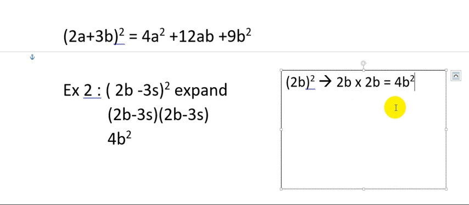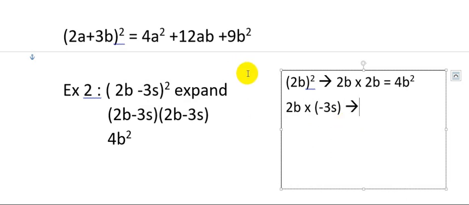Now we are going to write the second term or the middle term. As I mentioned earlier, we take the product of the two terms given. In this scenario it's 2b multiplied by minus 3s. We have to consider the symbol as well. In this example, 3s comes with the operator minus, so we consider the minus symbol, otherwise we end up with an incorrect answer.